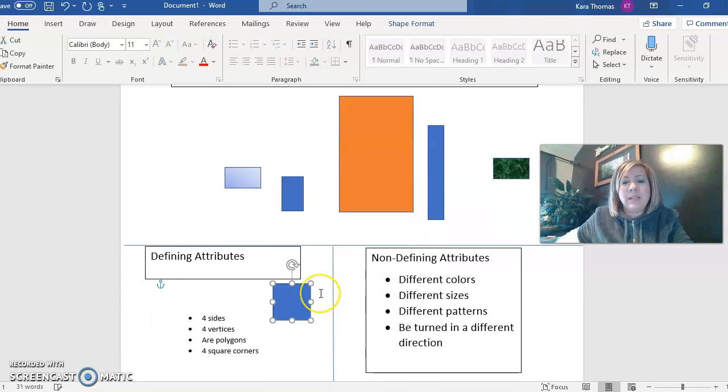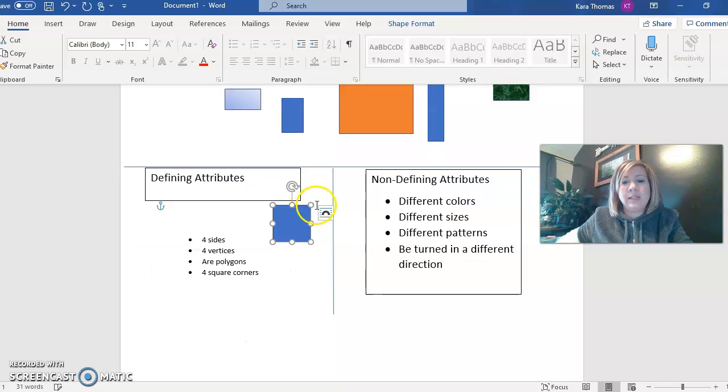Does this square have 4 sides? Yes. Does it have 4 vertices? 1, 2, 3, 4. Yes.